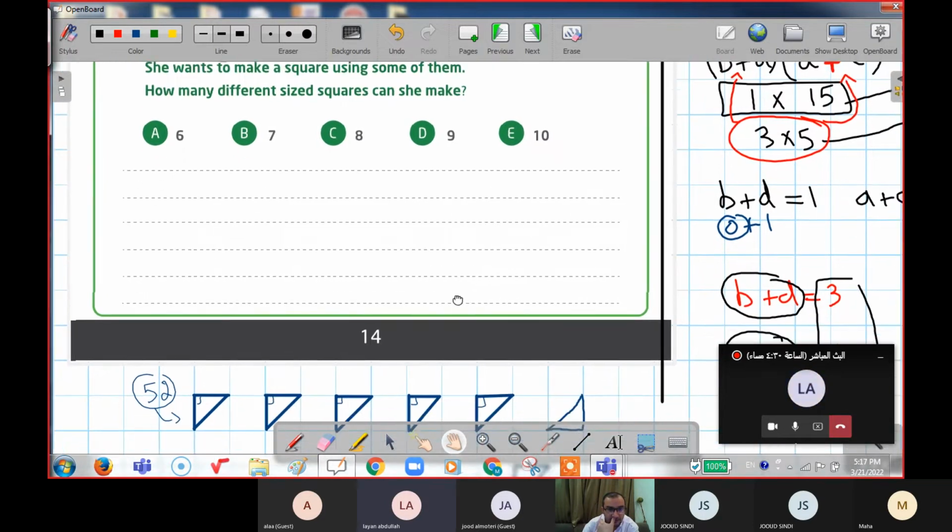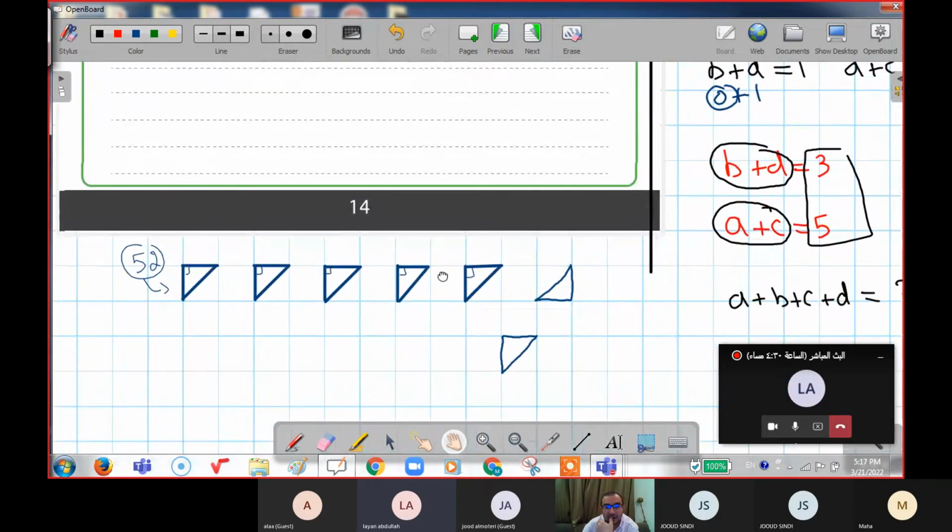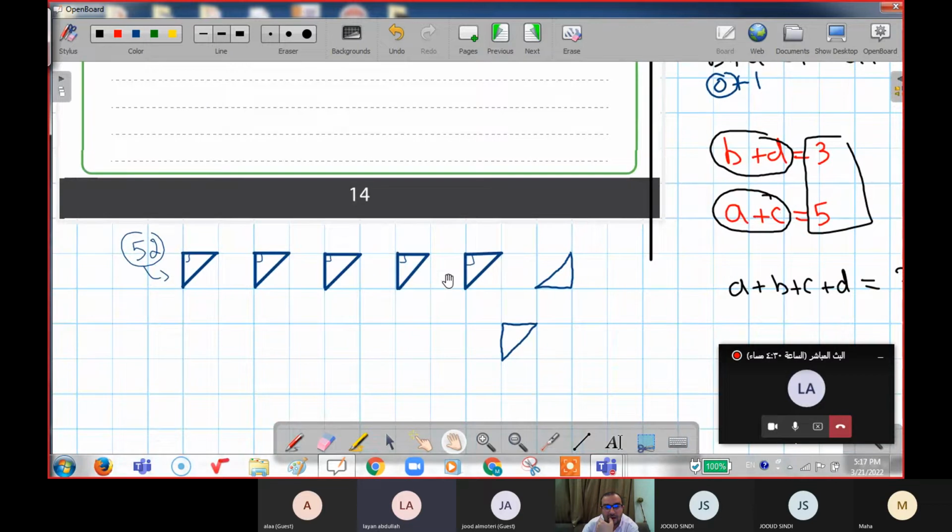I'm going to try to make a square and then we're going to name the first part 1 and the other part 2. Okay. And then we're going to try to divide the square as much as we can. So if she uses, for example, one square, she will need this one to make the first square.